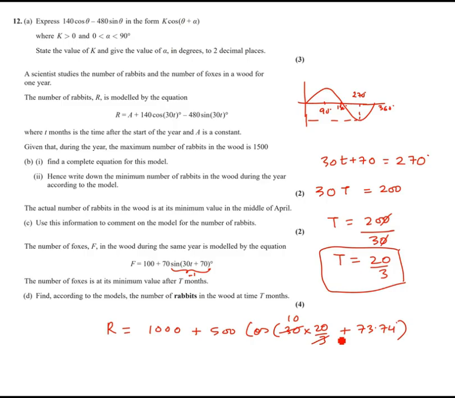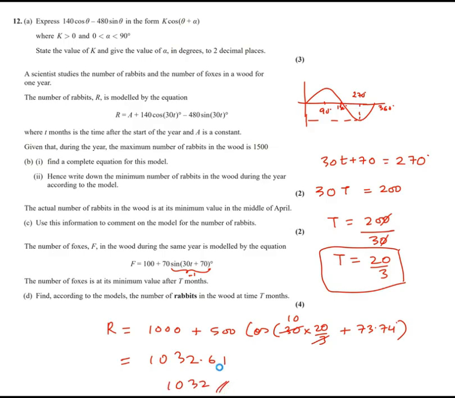That becomes 273.74. So cos 273.74 gives me 0.065. And if I times this by 500 and then add 1000, that gives me 1032.61. So the number of rabbits, you cannot have 0.61, so you can say 1032.